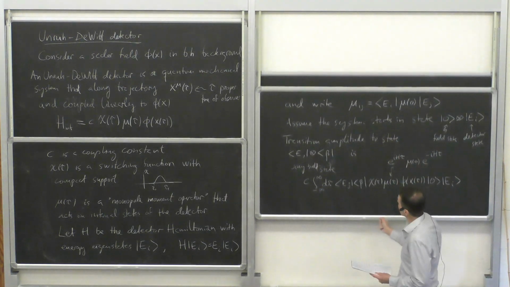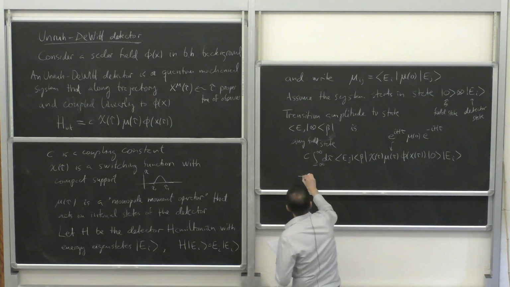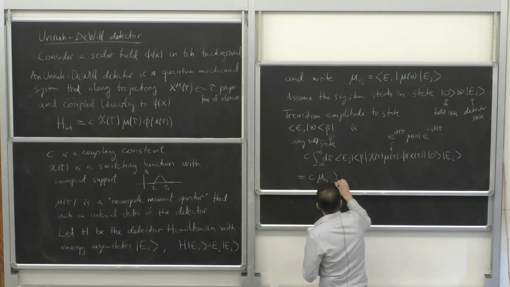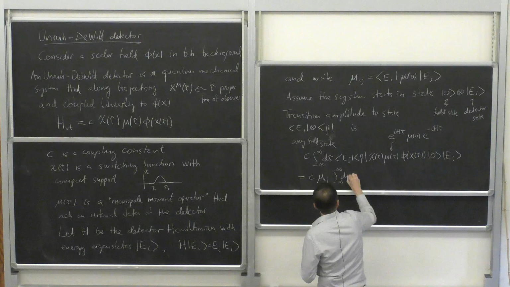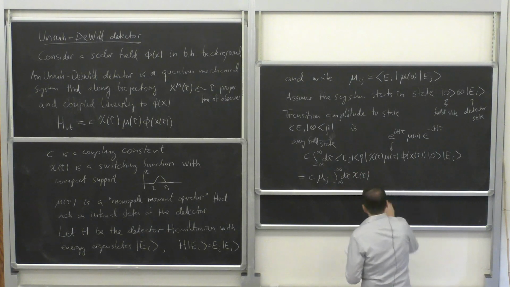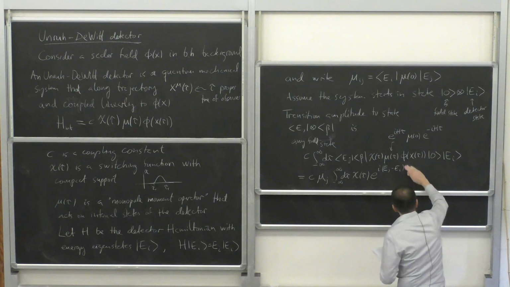Okay? So we can actually say that this is equal to C times mu ij, integral from minus infinity, d tau, chi of tau, e to the i (EJ minus EI) tau, sorry.